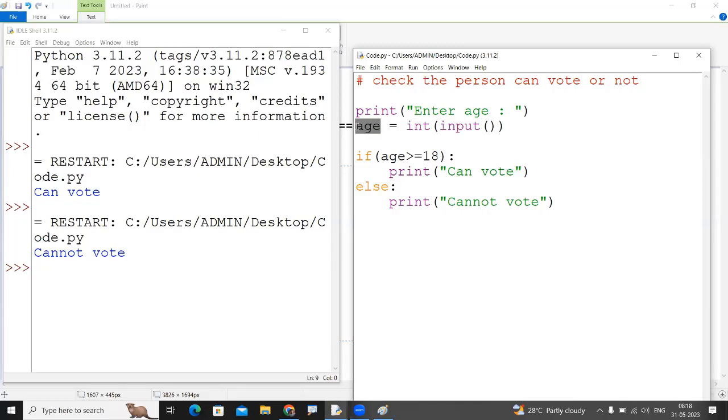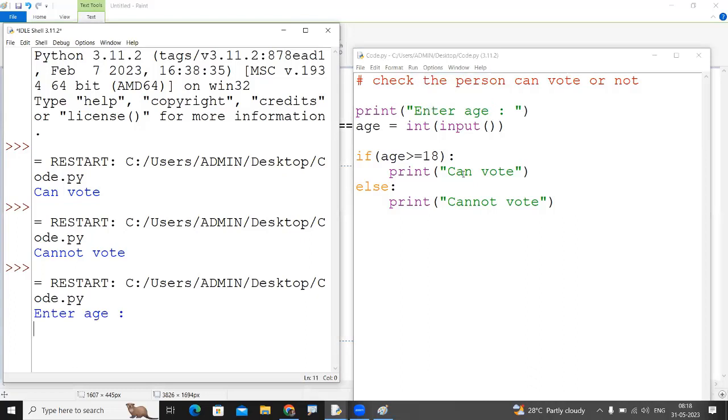We are collecting that and printing. When you run the code, enter age, now it is expecting 12. It cannot vote. Once again I am telling you, indentation is very important. When you write the code, please check the indentation. All examples we are doing in the same flow.